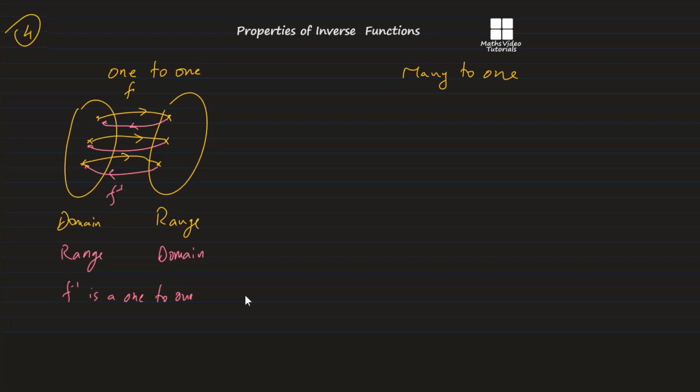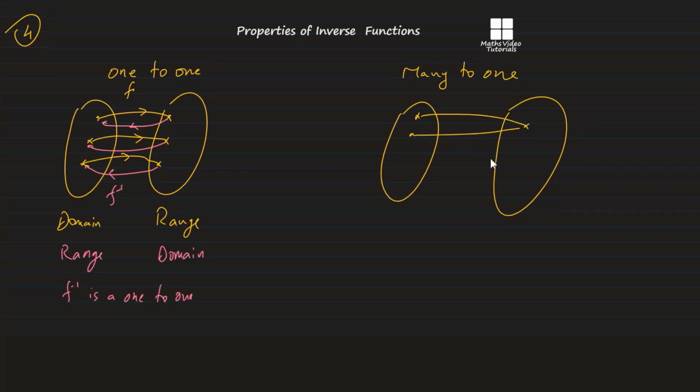Let's have a look at the many-to-one now. Diagram. So we have many to one. This is the function f, and let's do another example. Many to one. Many from the domain to one from the range.